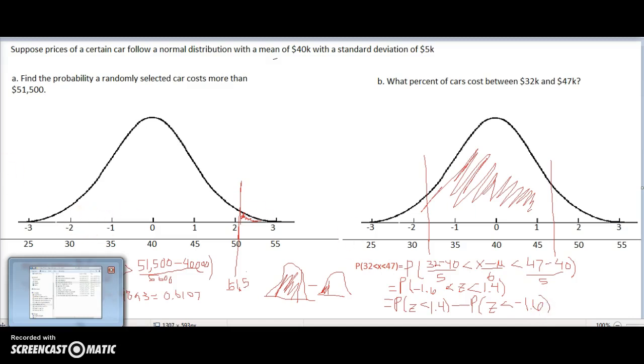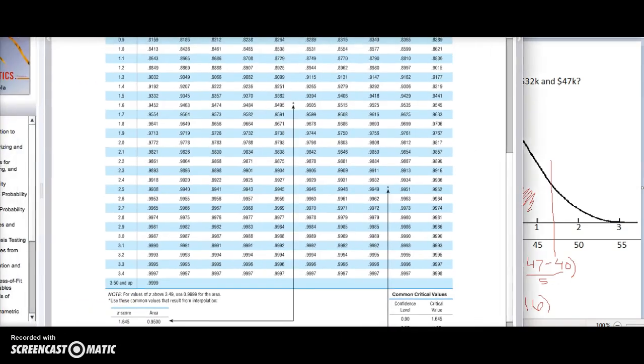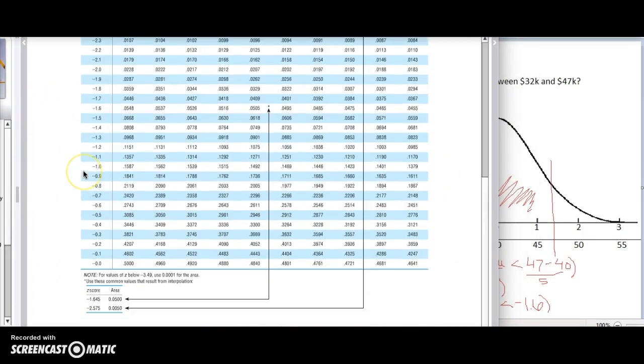So we look on the normal distribution table and find 1.40 is 0.9192, and then for negative 1.6, we get 0.0548.